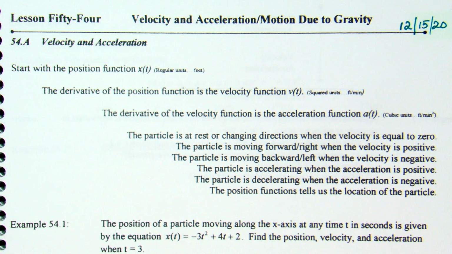And you get velocity by doing the derivative of what they call the position function. There's another name that they use for it at some points, but I can't remember what it is. But the idea is, if you start with the position function, the derivative of position is velocity, and the derivative of velocity is acceleration.